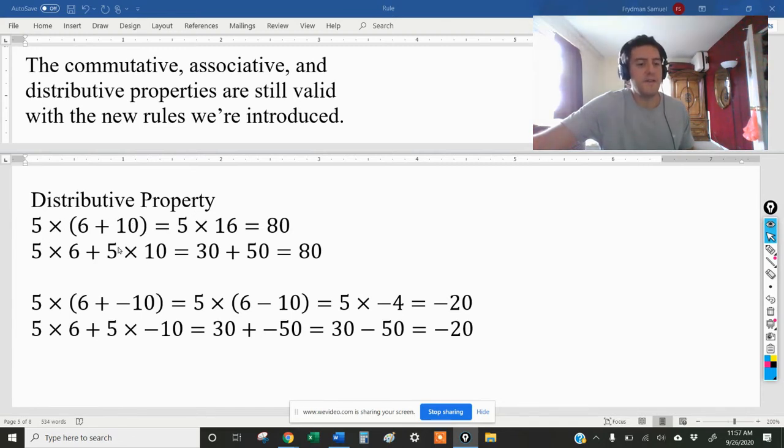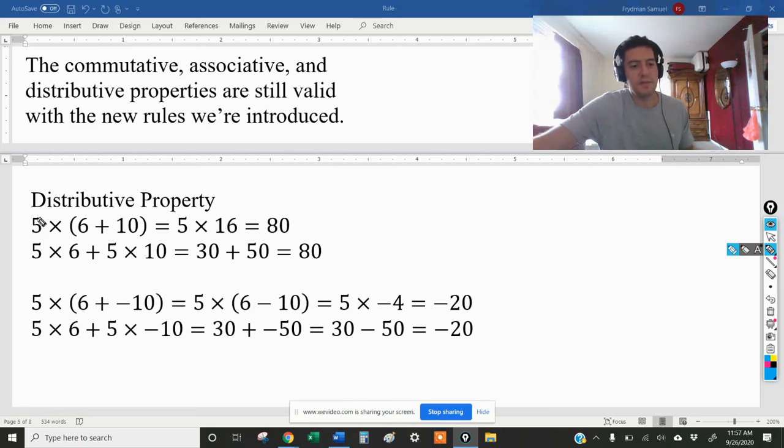In other words, 5 times, in parentheses, 6 plus 10 is the same as 5 times 6, which I wrote over here, plus 5 times 10, which I wrote over here. So let's do it with all positive numbers. Okay, so for this one, I would do 6 plus 10 first, since it's in parentheses, and that's going to give me 16.